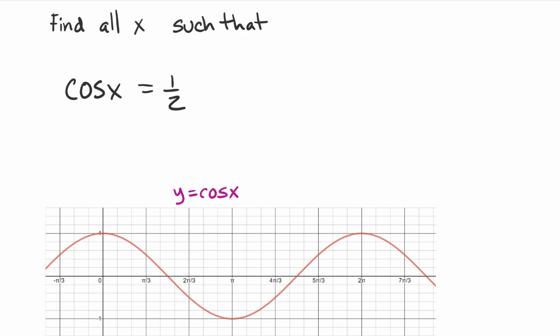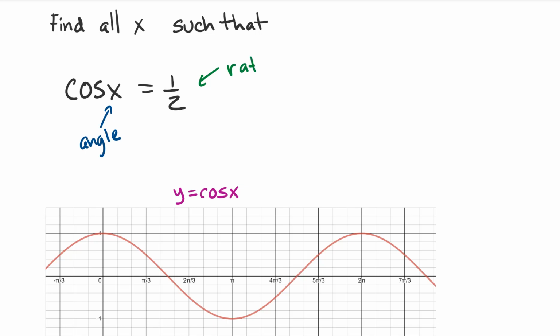So there we have a graph down here, and it says we want to find all the x values such that cosine of x is equal to a half, and I have cosine of x graphed right down below. We want to know where the output is a half, but let's just start with this: x, that's the angle.